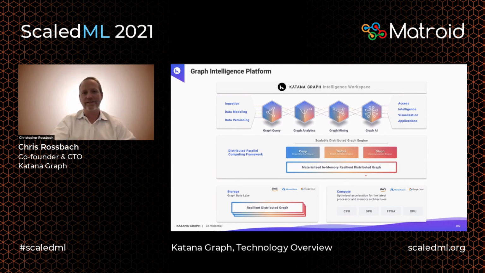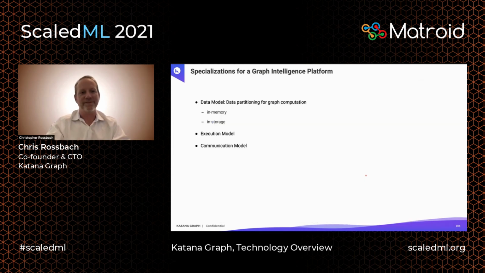So let's dig in to the ways in which we are specialized to be a graph intelligence platform. These boil down to methods that specialize our data model. How do we partition the graph to make it efficient to compute over it? What is the execution model? And what is the communication model? Each of these has a clear tie-in to the graph computing space.